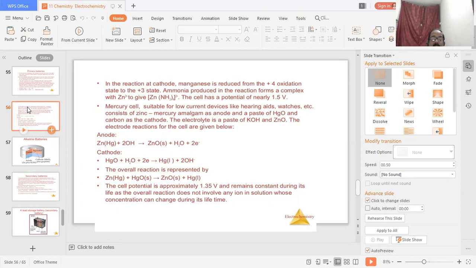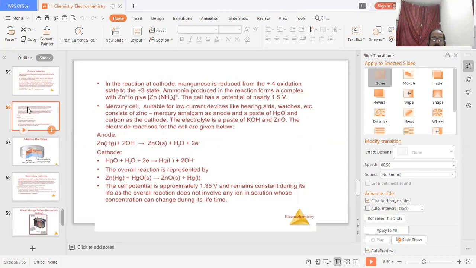The mercury cell is suitable for low current devices like hearing aids and watches. It consists of zinc-mercury amalgam as the anode and a paste of mercury oxide and carbon as the cathode. The electrolyte is a paste of potassium hydroxide and zinc oxide. The electrode reactions for the cell are given. At the anode, zinc plus hydroxide gives zinc oxide and water, releasing electrons, and at the cathode, mercury oxide and water plus electrons give liquid mercury and hydroxide.